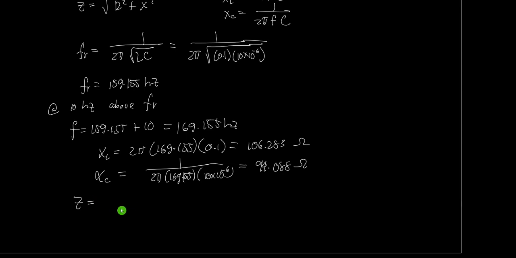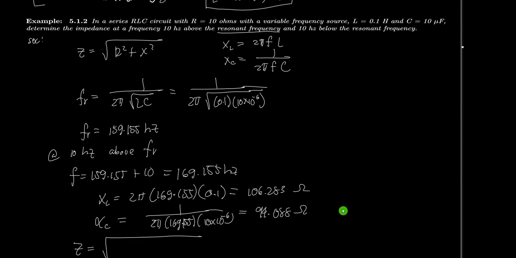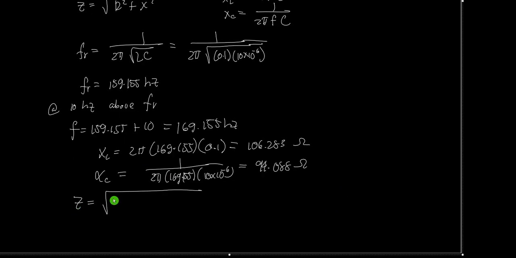So the impedance 10 hertz above the resonant frequency will be equal to the square root of r squared. Our r is given, that's 10 ohms, 10 squared plus the difference, XL minus XC. So 106.283 minus 94.088, squared.